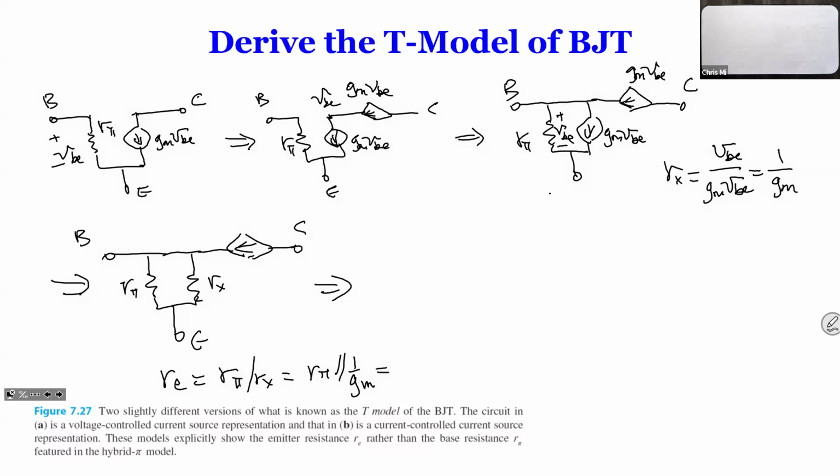Do you guys remember what the equation for R pi is? Is it beta over IC? No, beta over Gm. Oh, beta over Gm. Okay, right.